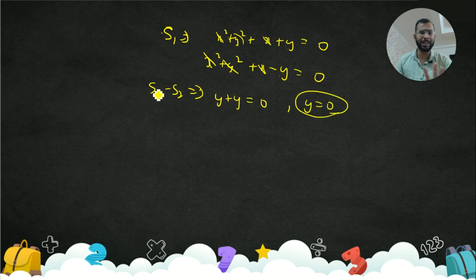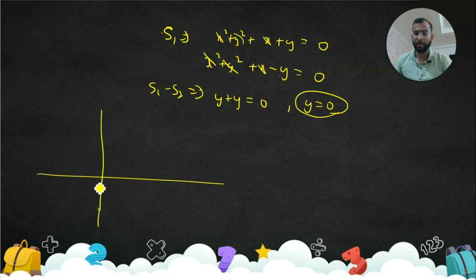For both the circles, let's not draw the diagram, but we'll understand. If you want, we can try. See, first circle is passing through origin, center is minus g comma minus f, minus half comma half, is here, and it is passing through this, and its radius is half.